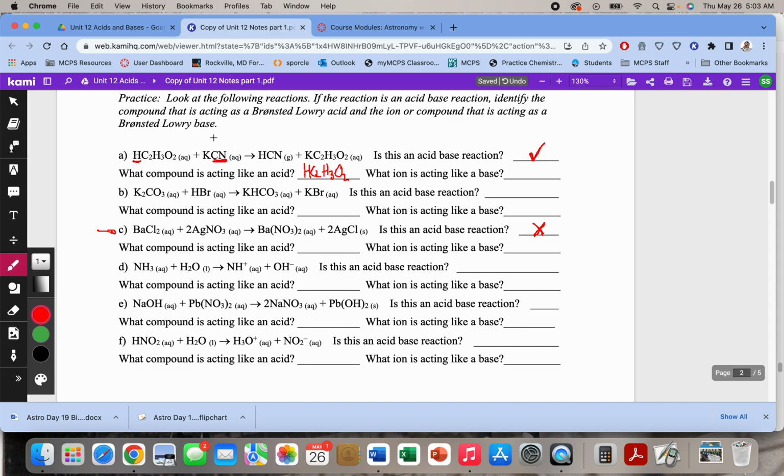Notice I don't worry about the K. The K is what I call a spectator ion. It is just there to balance the charge. So when I ask what ion is acting like the base, I actually have to know what ions I'm talking about, and I might need my ion sheet. I would find that cyanide ion is one of the ions on that ion sheet. It has a negative charge, and it can accept the H+. And that's why I have HCN at the end.